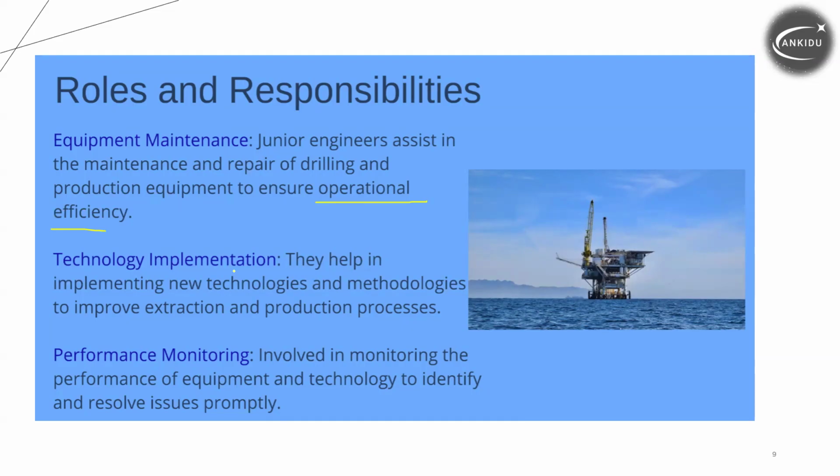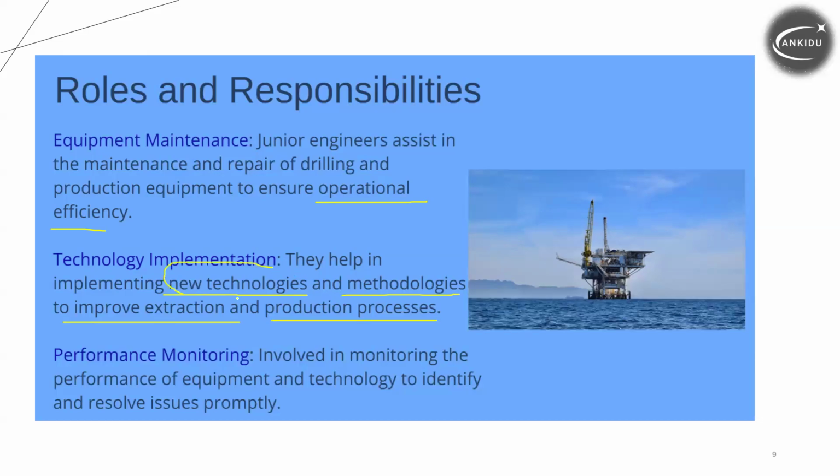Technology implementation. In most cases, you can see technology is going very fast in terms of new innovations. So you have to help implement new technologies and methodologies to improve extraction and production processes.